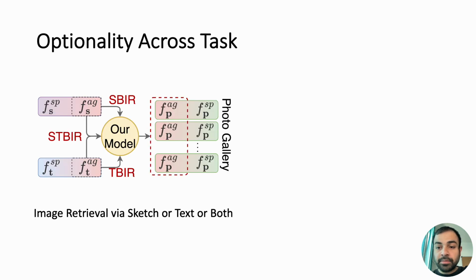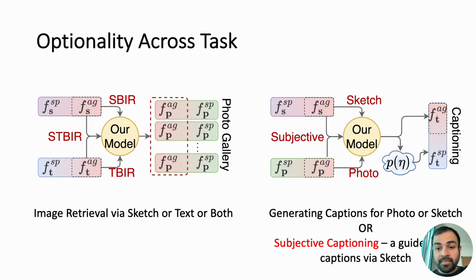Previously, we showed how information disentanglement helps optionality in input modality, that is, text or sketch or both. Now we show how the same disentanglement technique also helps optionality across tasks. Instead of designing a separate task-specific network, one for image retrieval and another for captioning, mixing and matching these modality agnostic and modality specific components can help the same network generalize across two very different tasks.